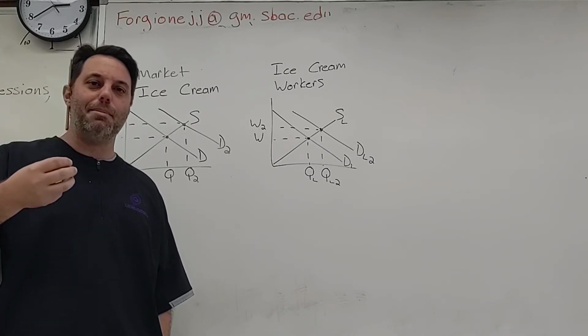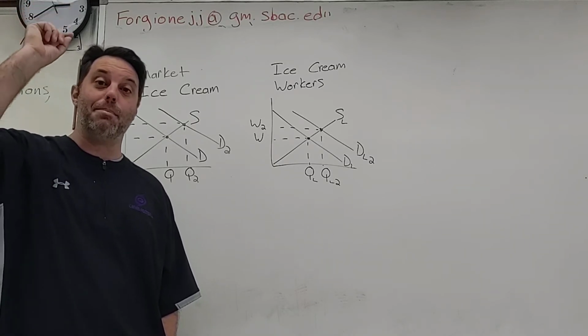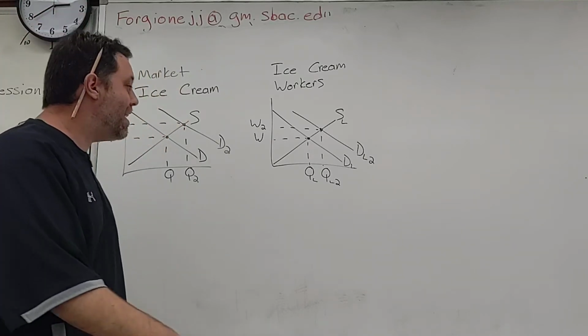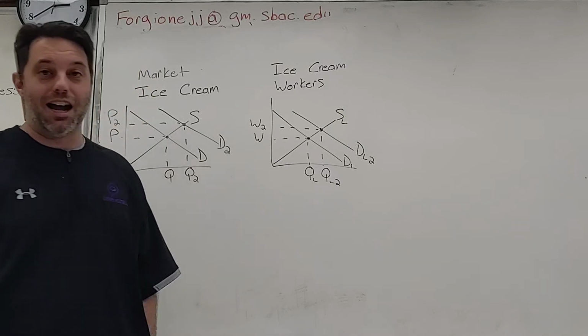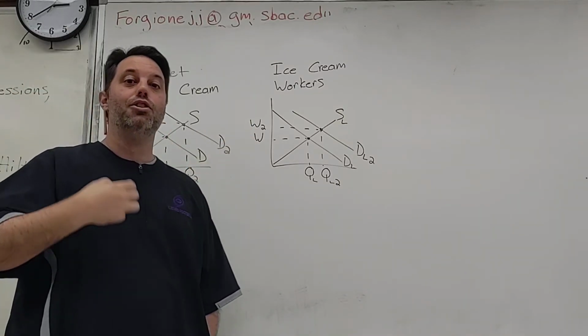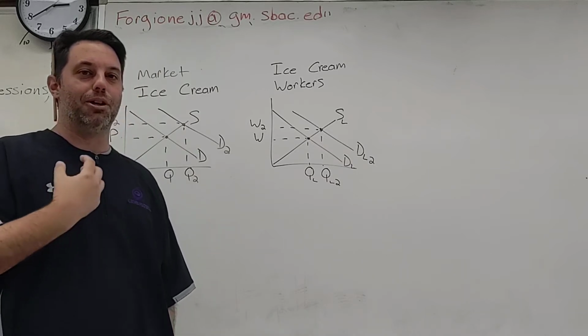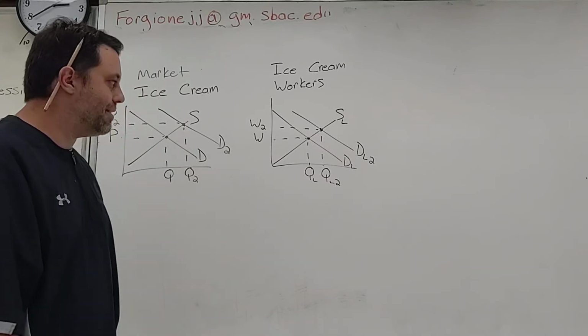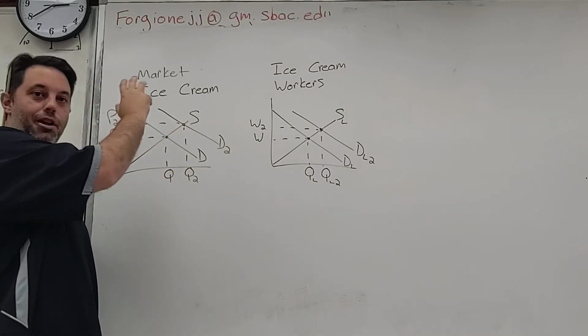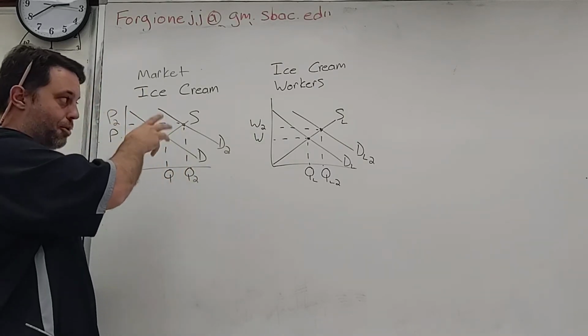So the supply being low drives the price up, and because of that price being high, the demand for labor is going to be high as well, and we're going to have to pay a higher wage to get people to comply with that type of thing. So the demand for labor is always derived from the market for the product.